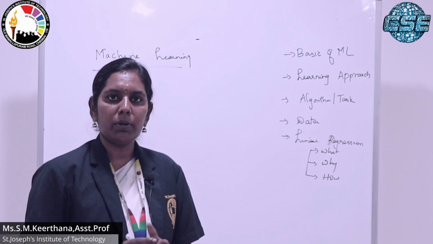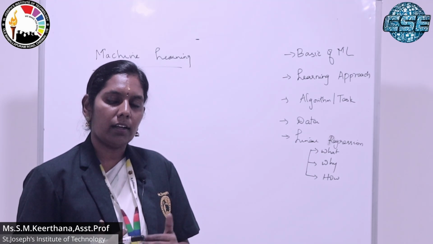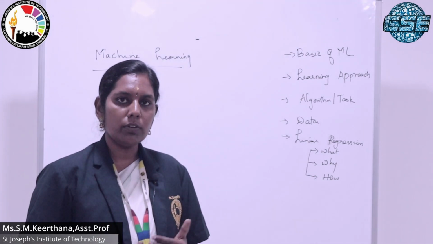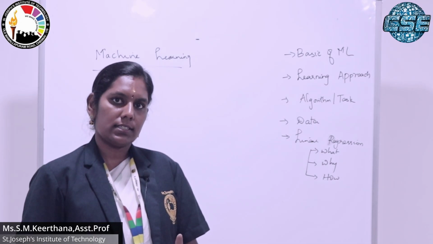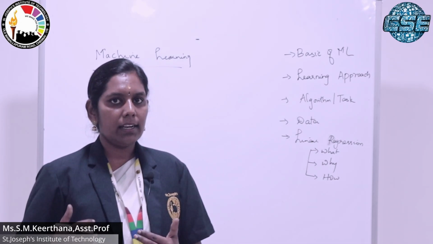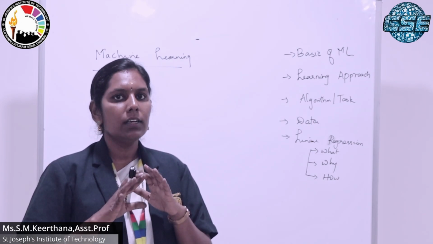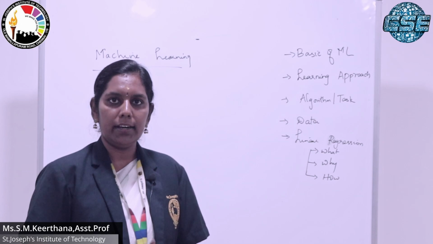In a normal programming language, we declare two variables based on the input data. If it is integer, we declare it as int a comma b. If it is float, we declare it as float a comma b. Then we add the two variables and store the result in a third variable. This is the structured programmatic format for adding two variables.